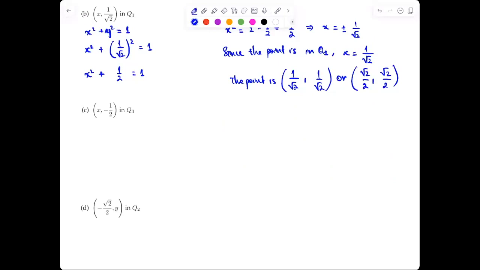Good. All right, so let me quickly do part C. Again, let me start with x squared plus y squared equal to 1. The missing component is x. So you do x squared plus negative 1/2 squared equal to 1. You have the entire negative 1/2 squared. Negative 1/2 squared becomes positive 1/4.